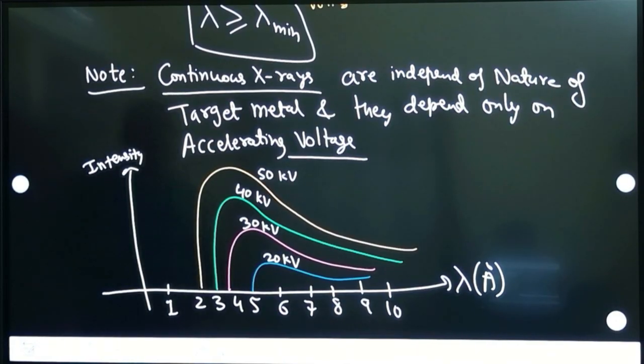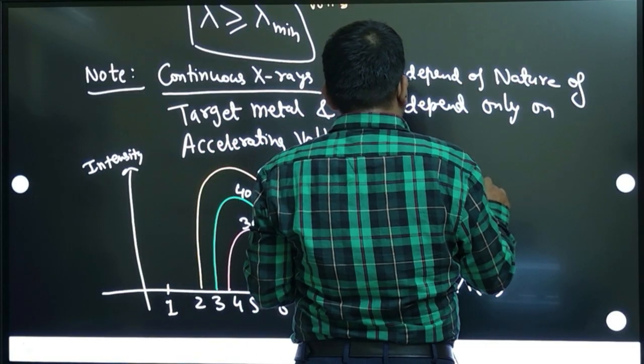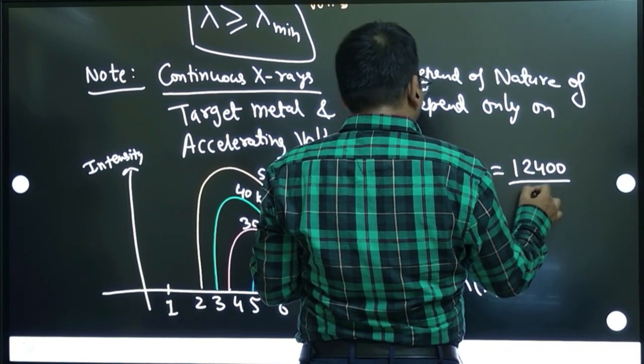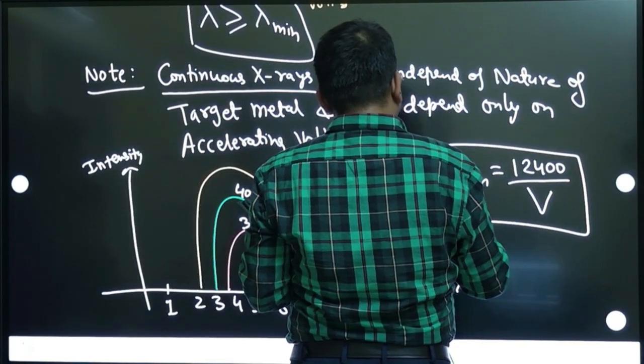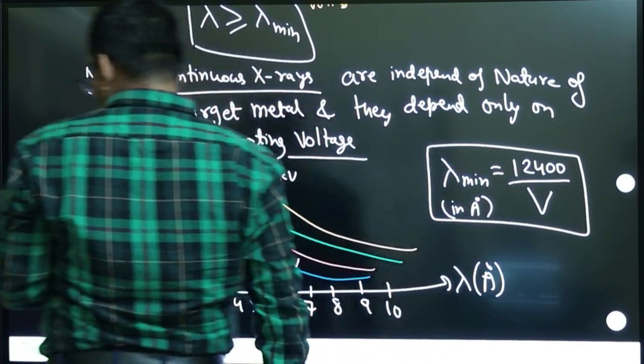Note that this lambda minimum which we have calculated can also be written as 12400 by accelerating voltage, which will come in angstrom. We can directly calculate that.